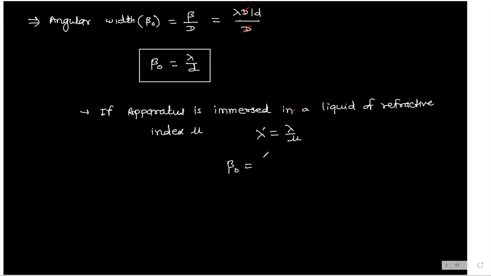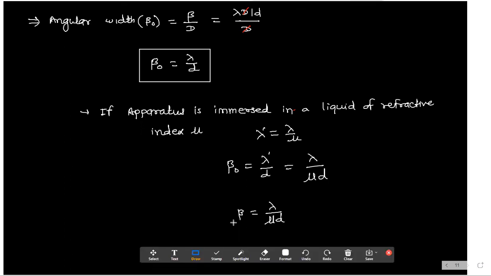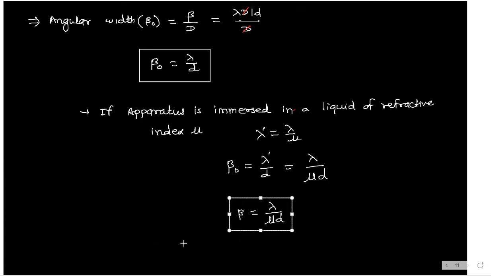Beta naught is equal to lambda dash by small d. So lambda dash you will replace, and therefore you are getting lambda by mu d, and therefore this angular width beta naught is equal to lambda by mu into d. Okay, right? So let's stop here for today.